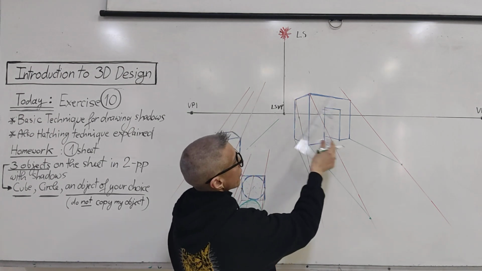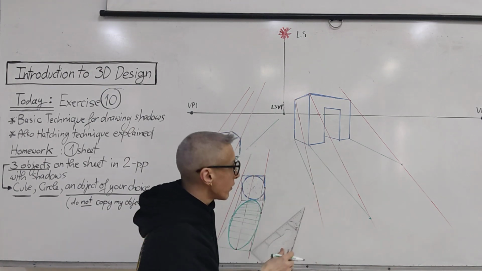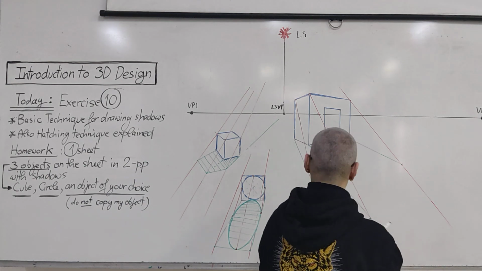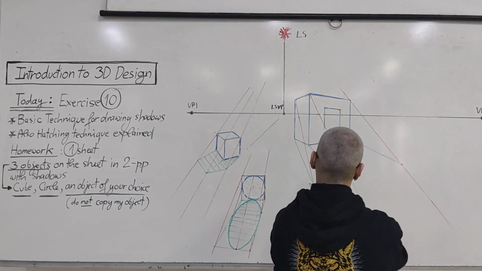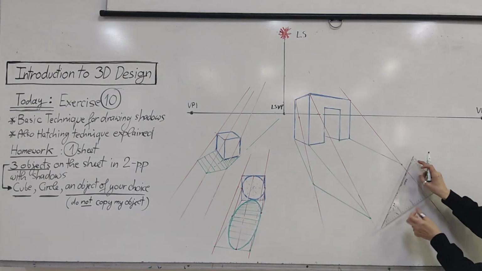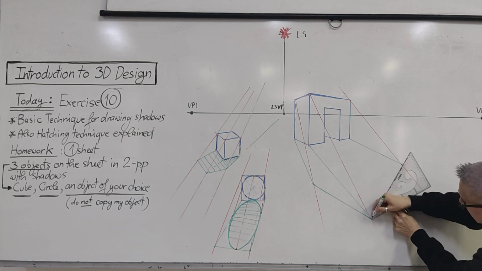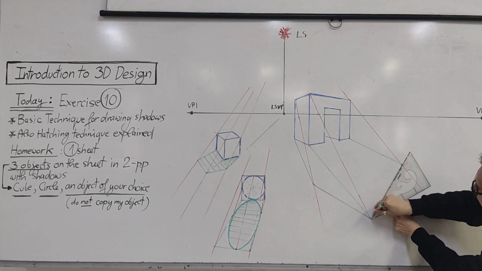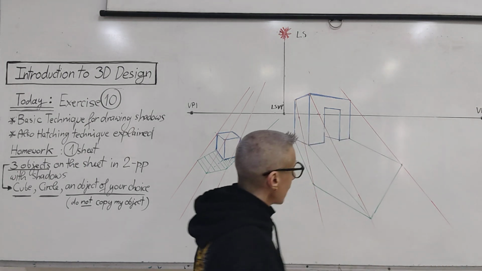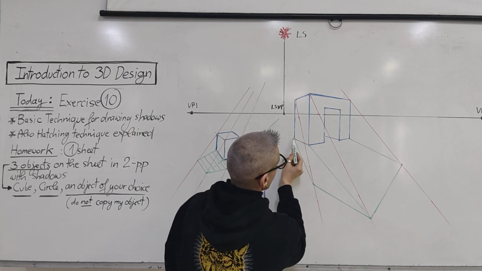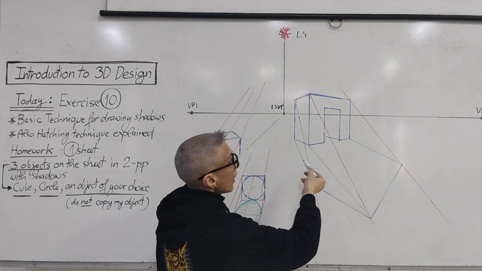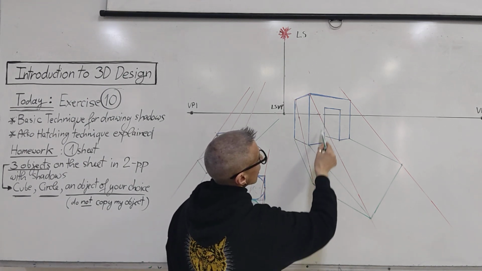So let's continue. So upper 3 points and lower 3 points, and they are connected. Now we will connect them, okay? Before we continue with anything else. Now, so we have all this area here that is the shadow of this object, but we have here an opening.